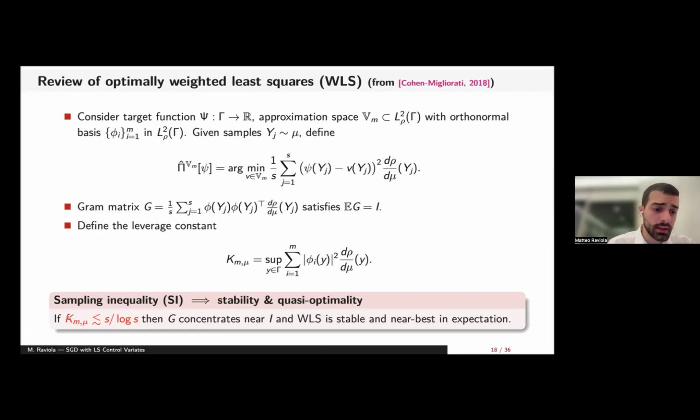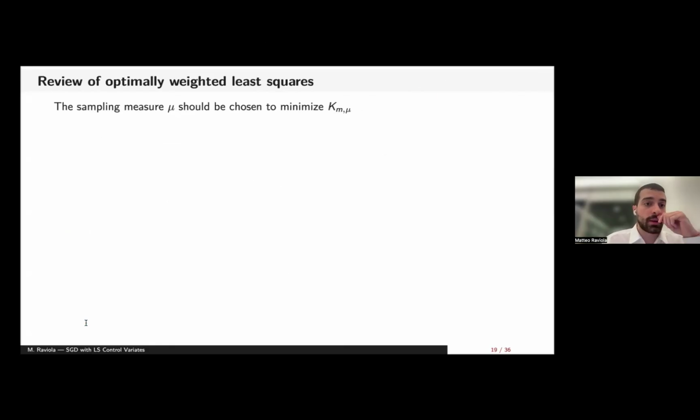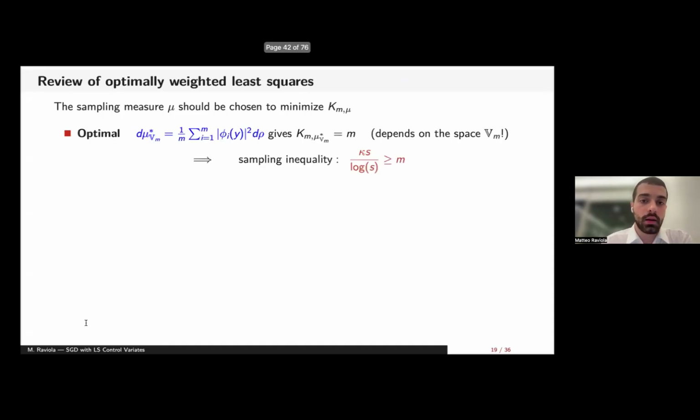So now the idea is that we should make this K of M and mu as small as possible by choosing the best sampling measure mu. And indeed, we would like to choose the sampling measure to minimize K of M and mu.